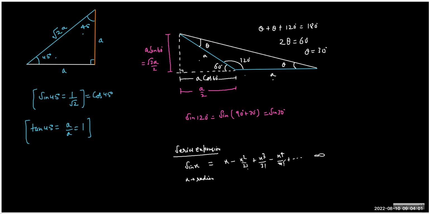And if you're satisfied with the accuracy, you can only keep those many terms, because it is infinite term, it will never end. So we generally keep minimum 2 to 3 terms to get the desired answer. Understood? So this is again a powerful method of dealing with trigonometric ratio, which is not possible through simple geometry. So we go back to the polynomial notation, and using that polynomial notation, we get the answer.